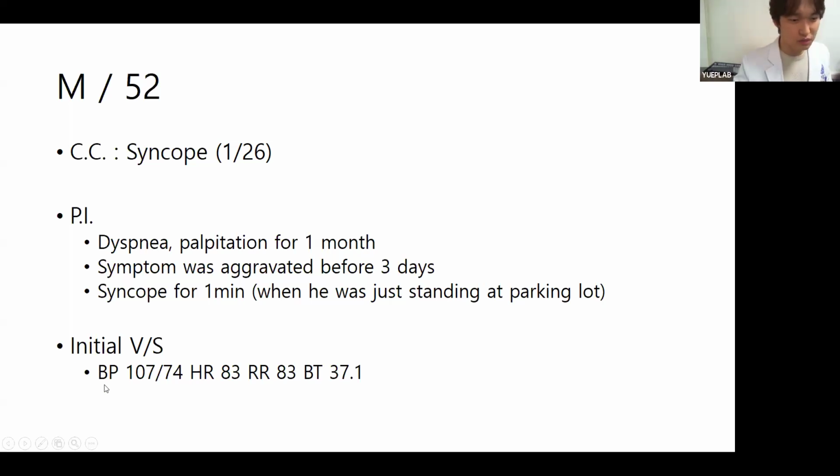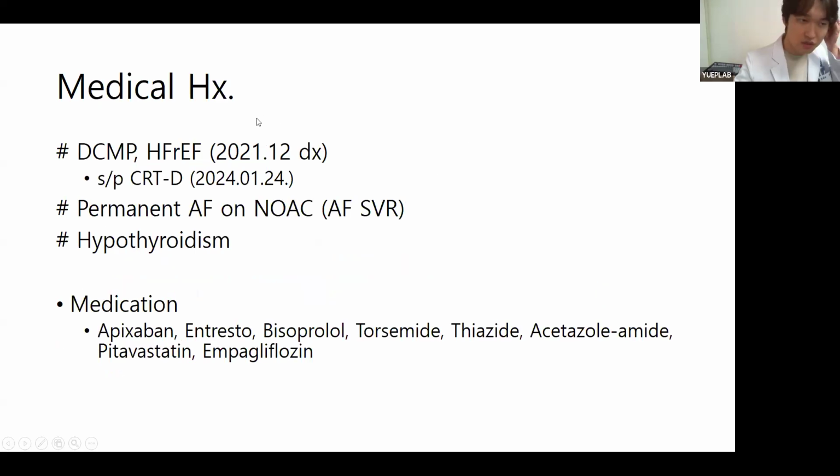His vital signs were not bad. His medical history is dialysis cardiomyopathy with heart failure and a CRT-D. He was in permanent atrial fibrillation with AV block and hypothyroidism. His medications were apixaban, atorvastatin, bisoprolol, and so on.